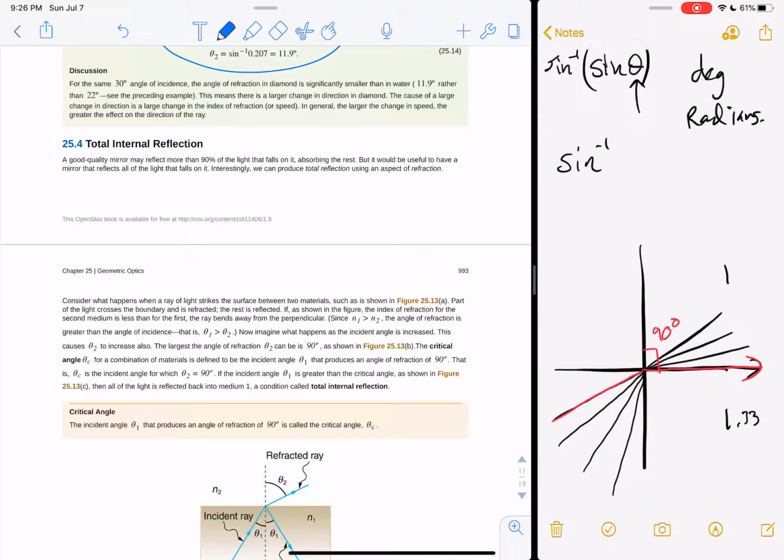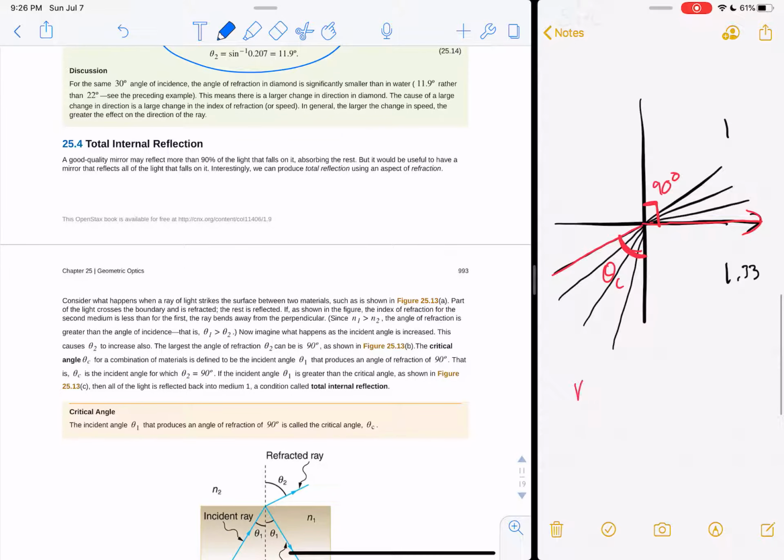So our incident angle is here, and if we make our incident angle large enough, we get closer and closer to what's called the critical angle, because our refracted angle is 90 degrees.